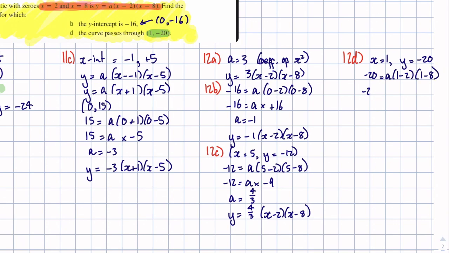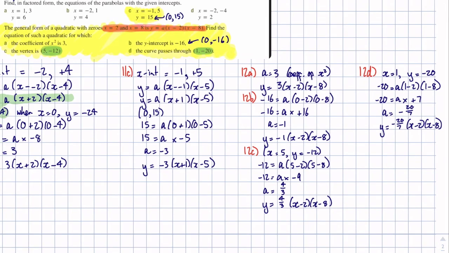So -20 is a times -1 times -7, which is positive 7. So a is -20 on 7. There's nothing nice about this question. So y equals -20 on 7 outside of (x take 2)(x take 8).